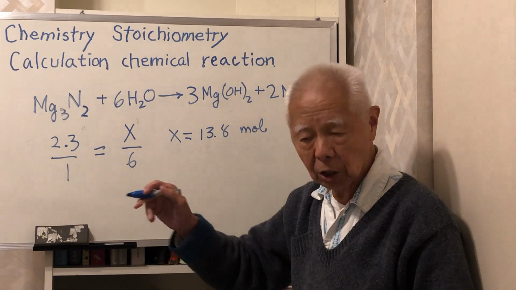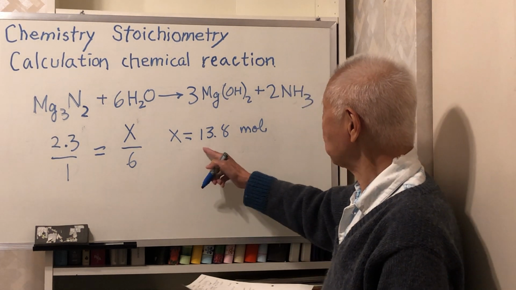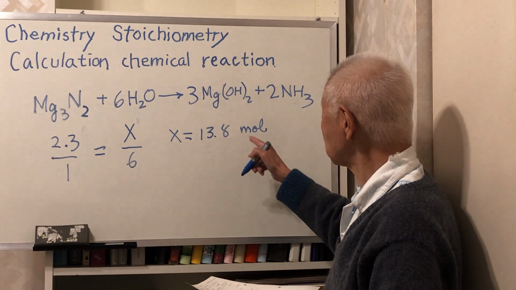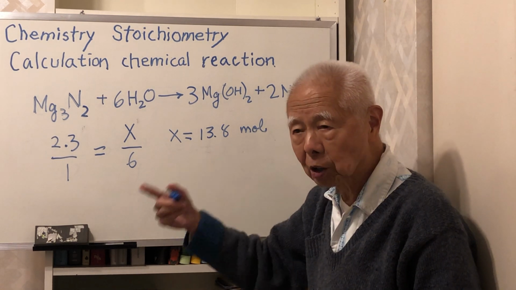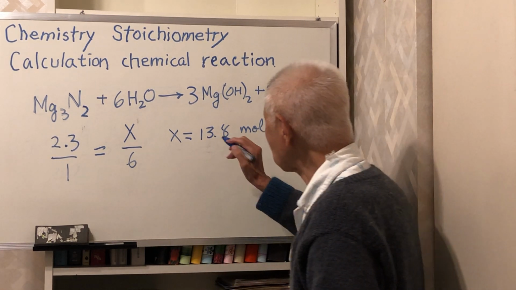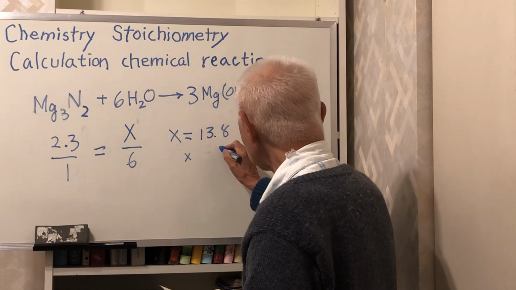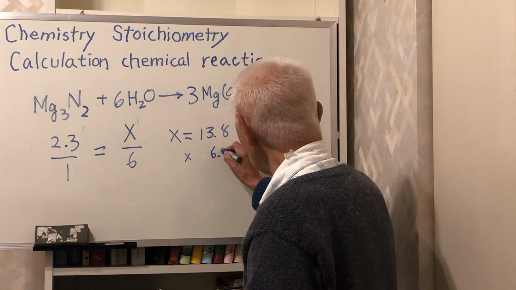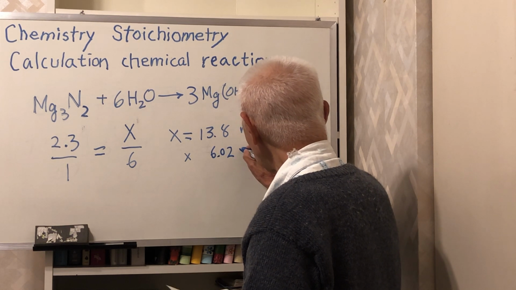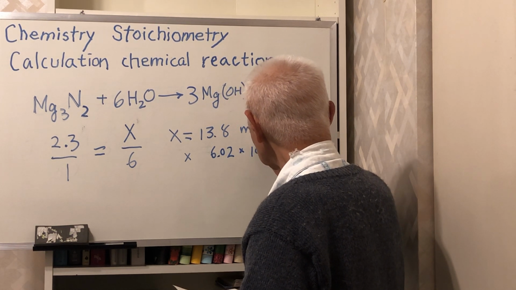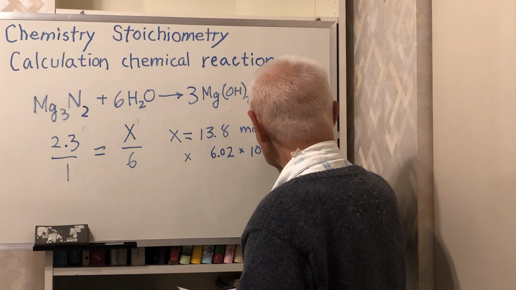Now I have 13.8 moles. So how many molecules are there? So I need to multiply this by 6.02 times 10 to the 23.